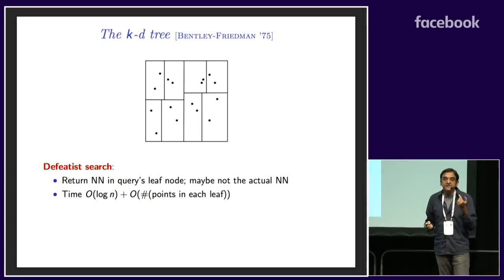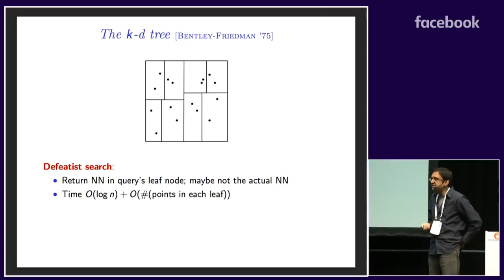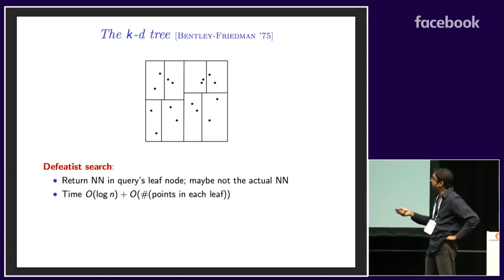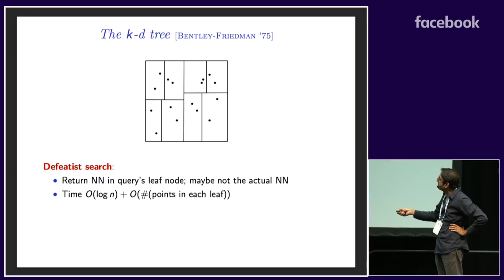There are two ways to search using this data structure. The first is the quick and dirty way called defeatist search. So given a query point, you just move it down the tree, and you look at the box that it ends up in, and you just return the nearest neighbor in that box. Okay, so how long does that take? It takes log n to go down the tree, and then however many points you have in that box.